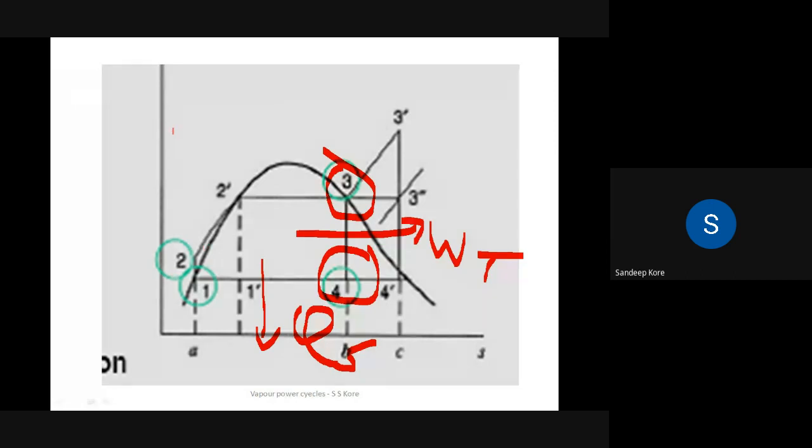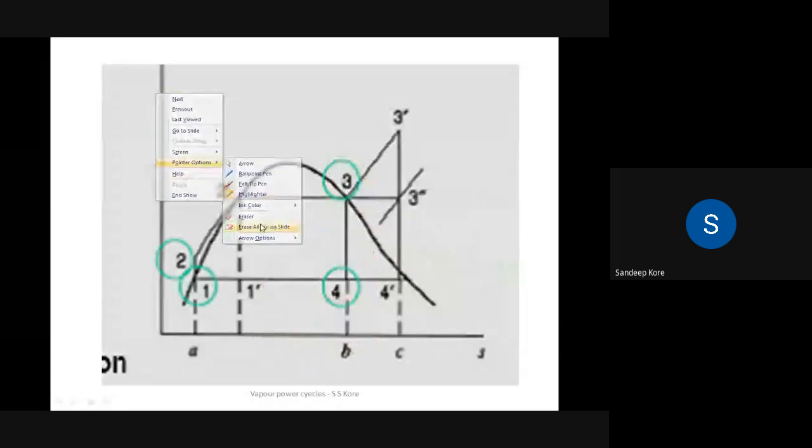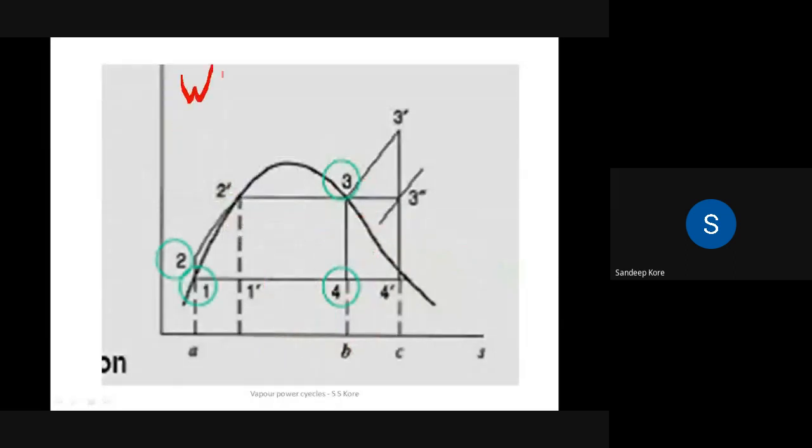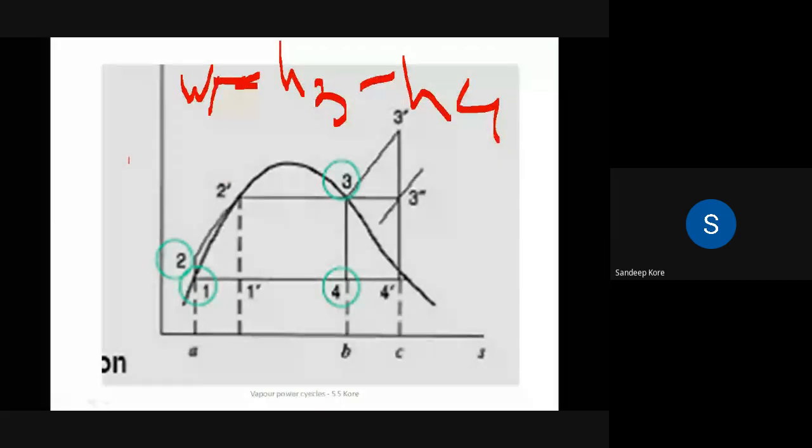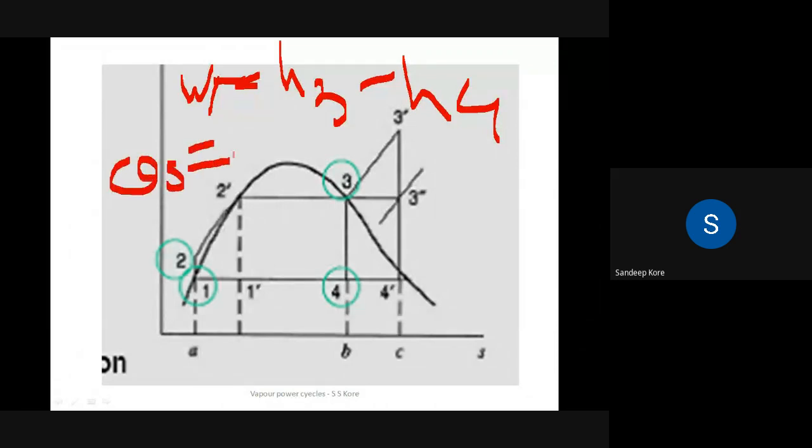Okay, next, the task is how to get these enthalpies. We have written it here, so I will write here with the help of the marker. Turbine work WT is equal to H3 minus H4. Heat supplied in boiler is equal to H3 minus H2.